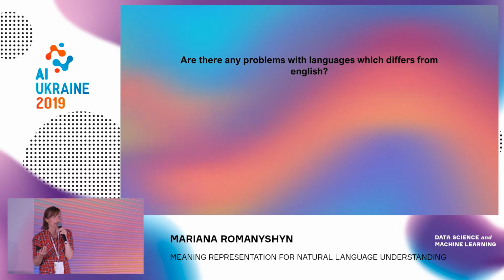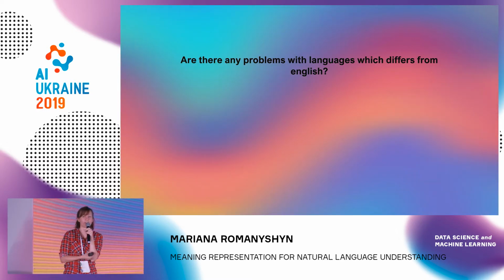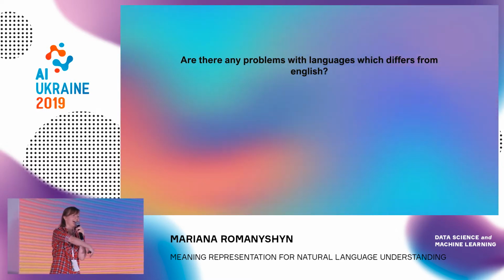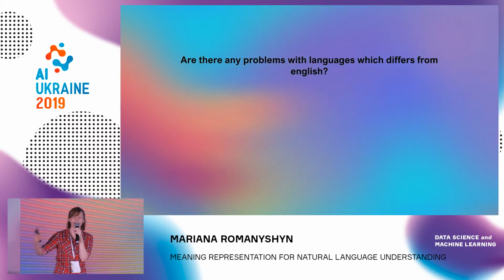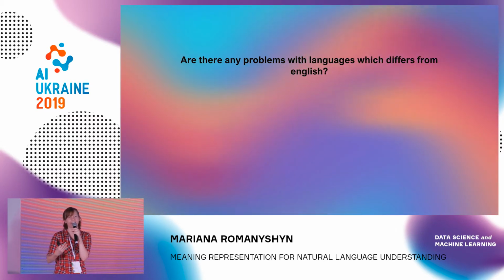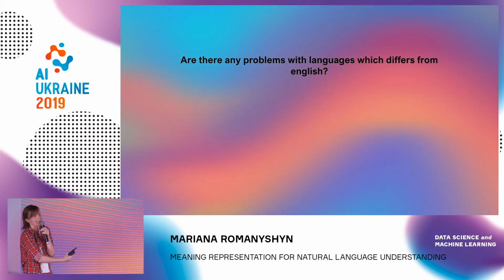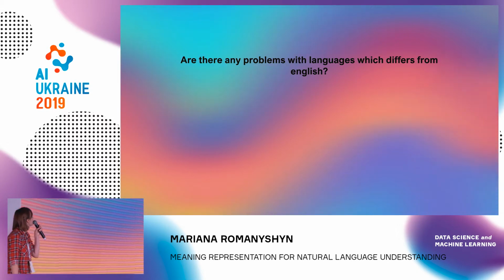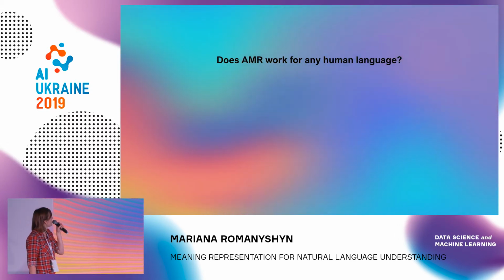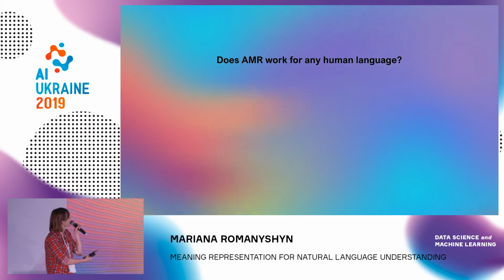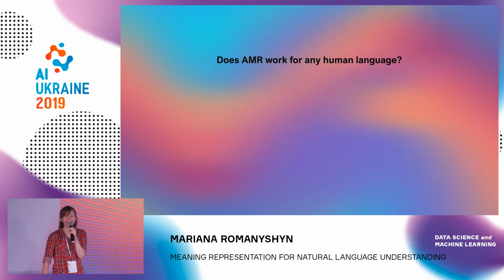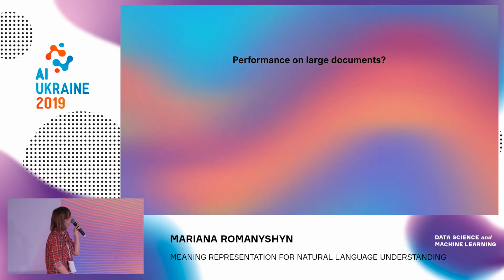The problem, though, may be with low-resource languages because not all languages have such a vast variety of ontologies that can be used to represent concepts and to annotate this much data. So that's the problem, of course. Does AMR work for any human language? Well, it does. English, for example, and 4 more that I noticed.